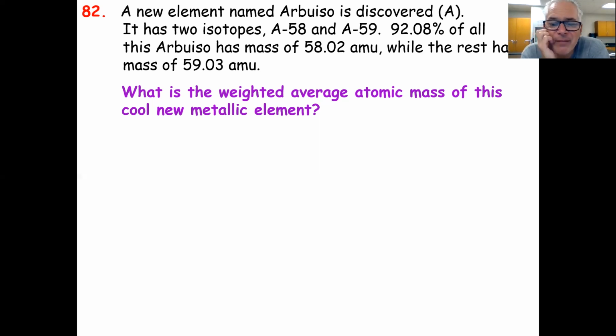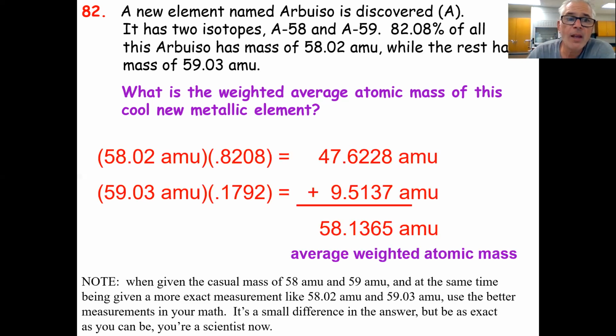Figure out how to do this, right? Here we go. 58.02. And since 82.08% of it has a mass of 58, we change that to a decimal, 0.8208. So you multiply the mass times its proportion, and then you multiply the other mass, which is 59.03, times its proportion. How did we get that 0.1792?